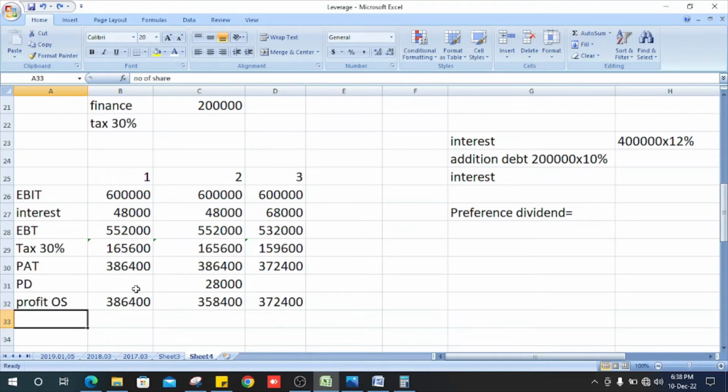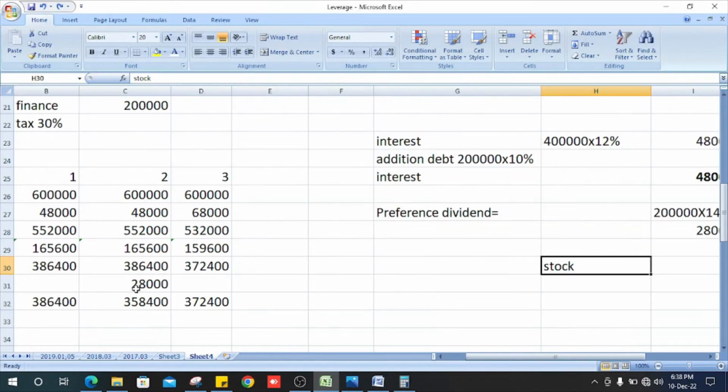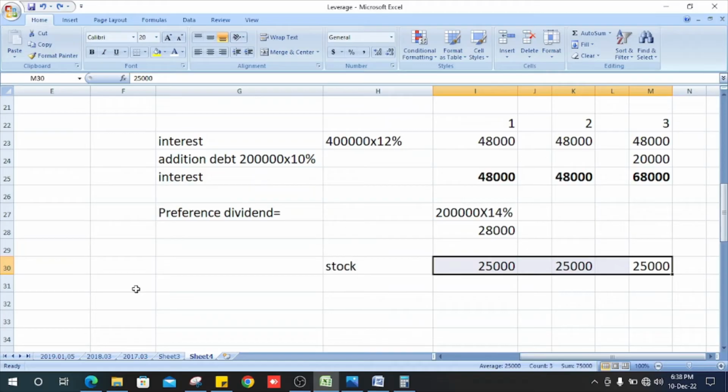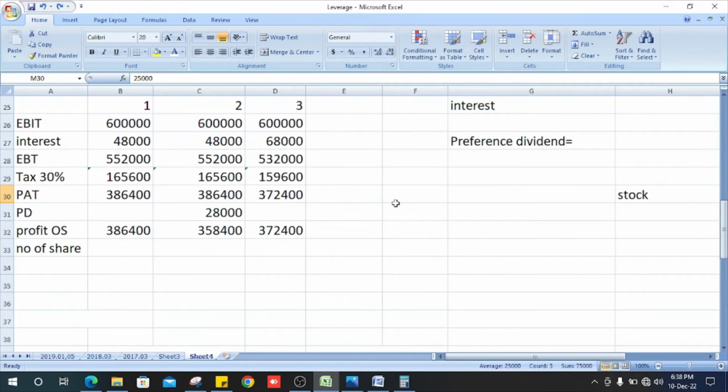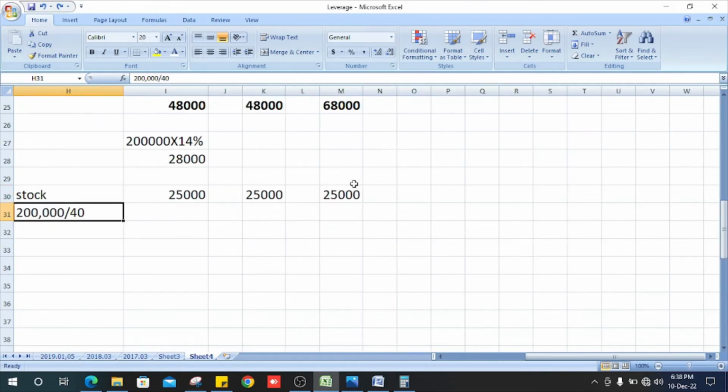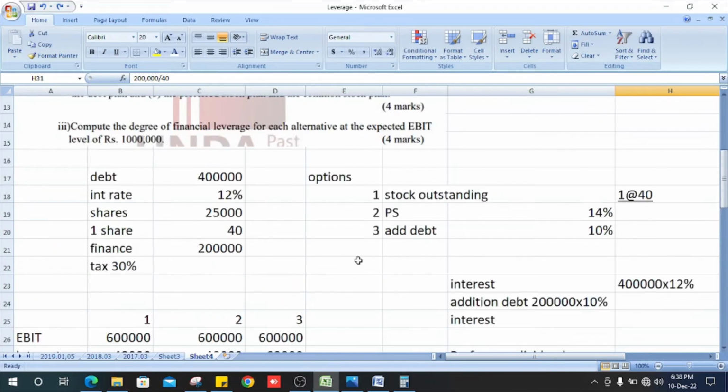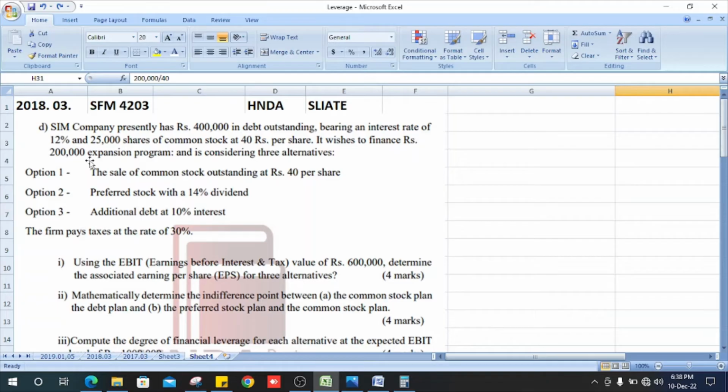Next we can get the number of shares. How do we get the number of shares? They mentioned in this case 25,000 shares, and they issue shares worth 200,000 at 40.